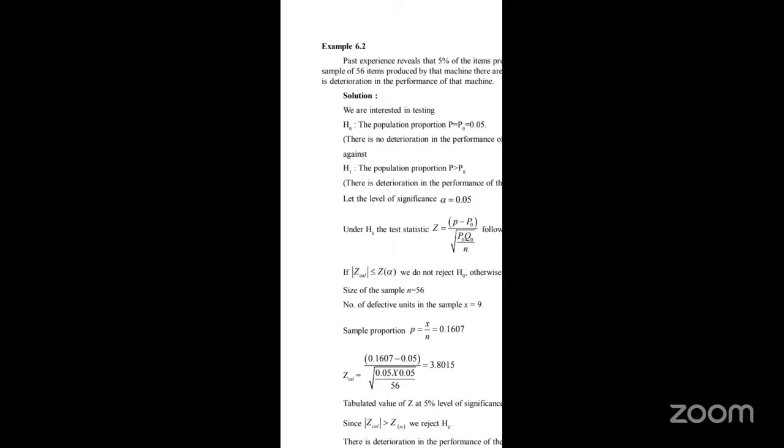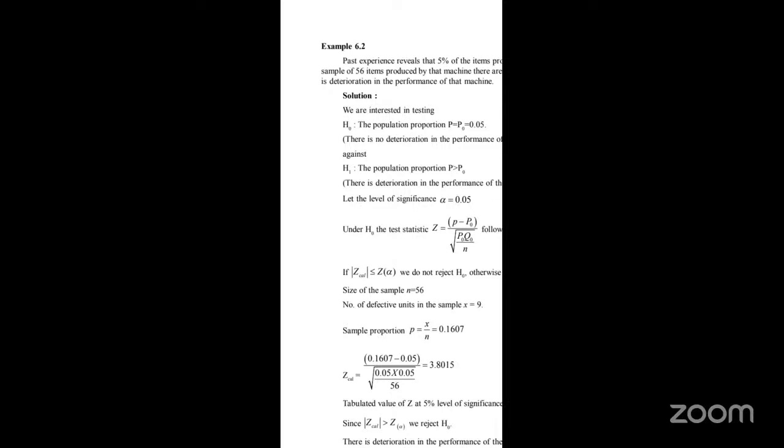Past experience tells us that 5% of the items built by a machine are defective, but in practice, in 56 items produced by that machine, 8 are defective.